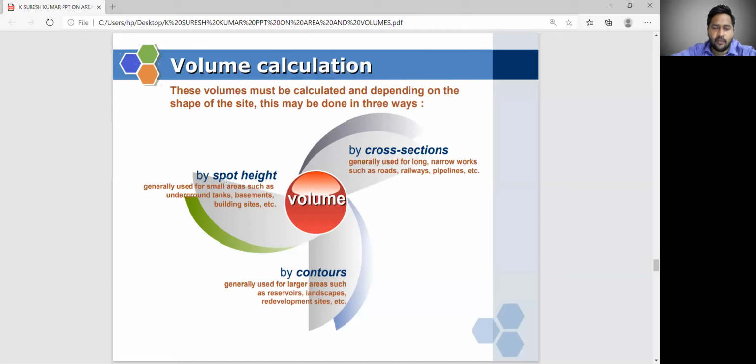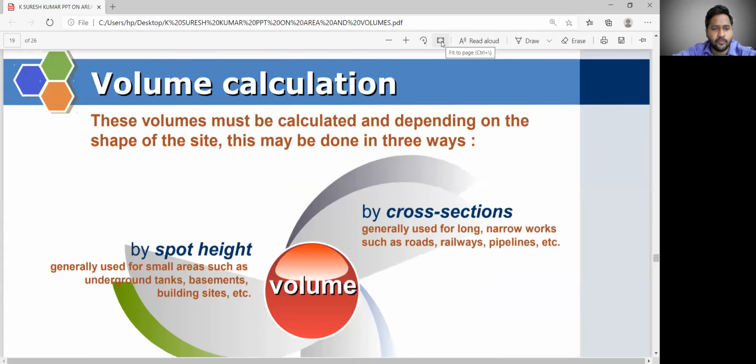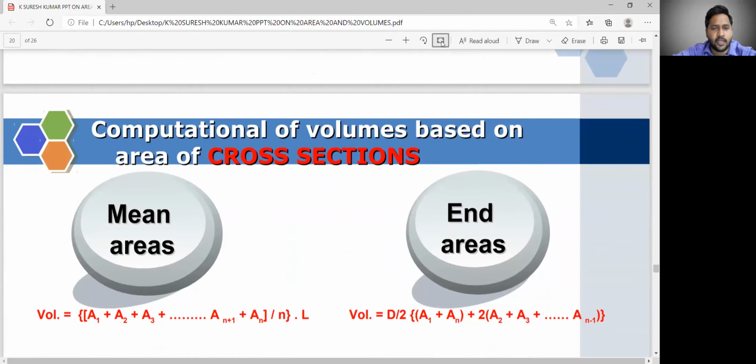By spot height, generally used for small areas such as underground tanks, basements, building sites, etc. By cross sections, generally used for long, narrow works such as roads, railways, pipelines, etc. By contours, generally used for large areas such as reservoirs, landscapes, redevelopment sites, etc. By these three methods, we can find the volume of any irregular bodies.